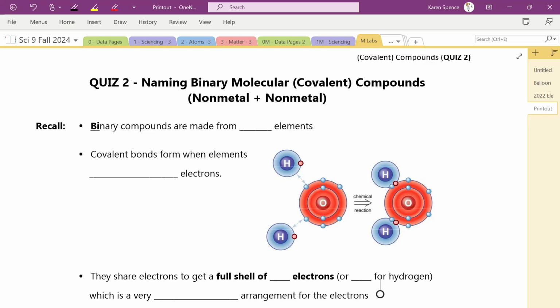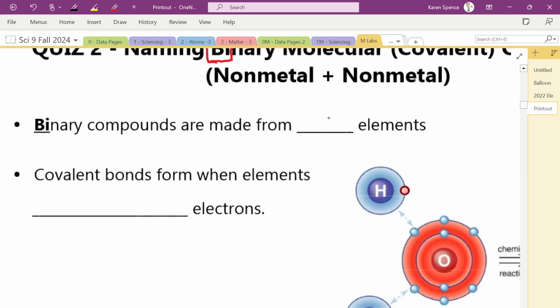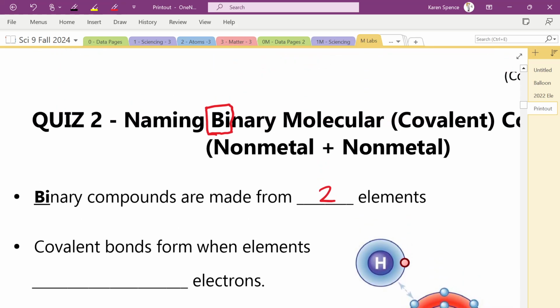So once again, we are dealing with binary compounds. How many elements do binary compounds contain? 2. However, these are not ionic compounds. These are covalent compounds, which are also known as molecular compounds. Those 2 words mean the same thing.